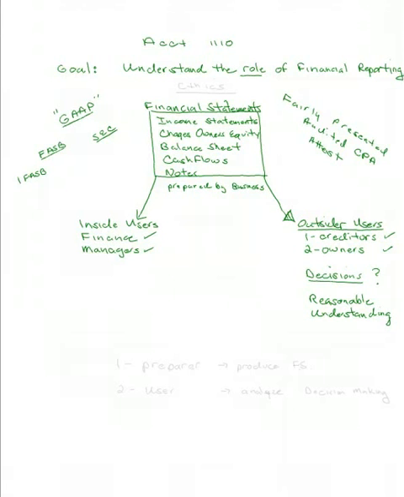As we move forward into studying financial accounting, financial reporting, and Accounting 1110, we'll usually take the approach of the preparer of the financial statements. That is, we're going to learn how to make financial statements in accordance with generally accepted accounting principles, and so we'll actually produce financial statements.